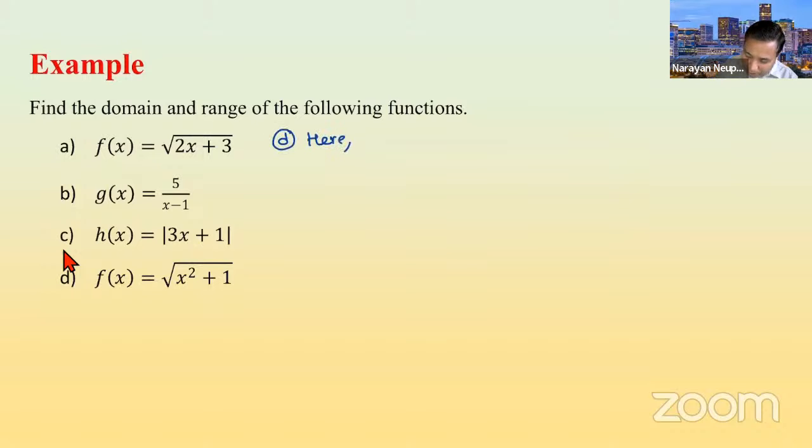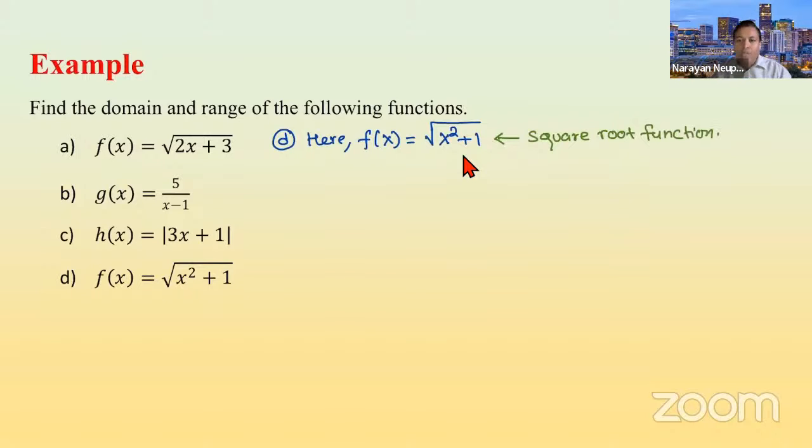In D, we have the function f of x equal to square root of x squared plus 1. Like in the first part A, this is also a square root function. And you know that for a square root function to be well defined, the quantity inside the square root must be 0 or more.